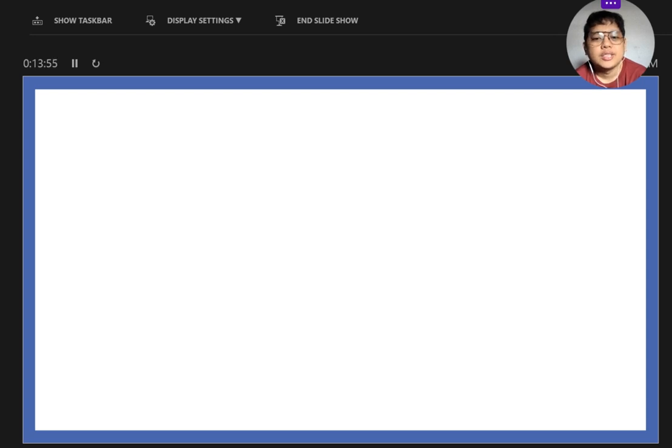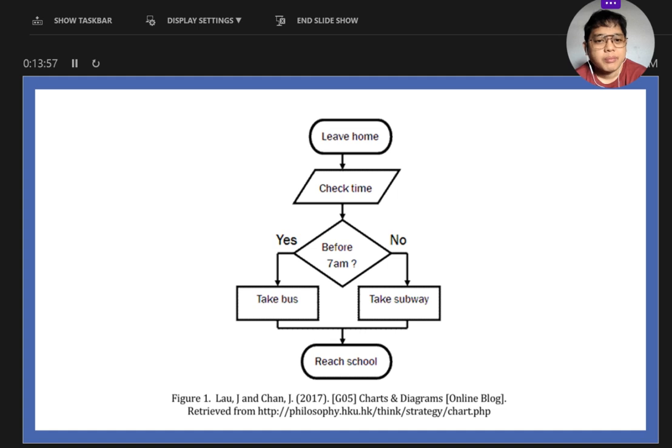Okay, so here is an example of a flowchart.